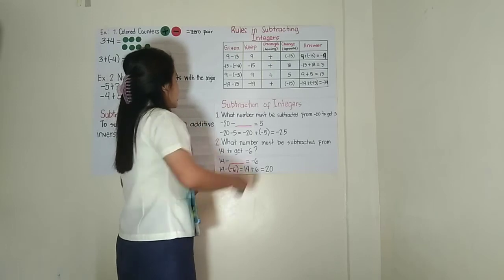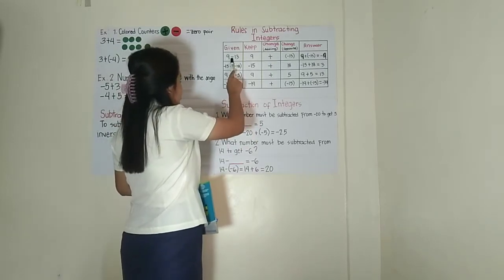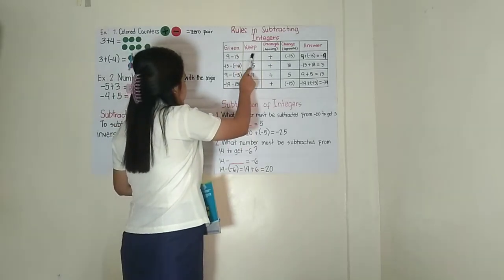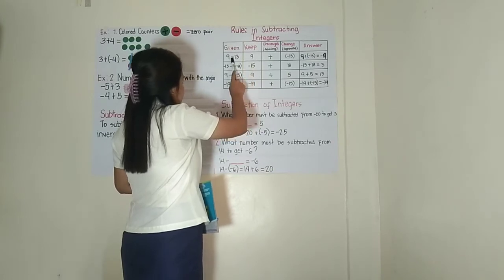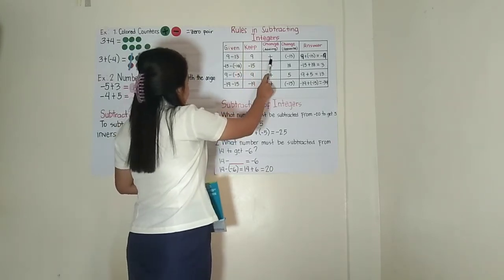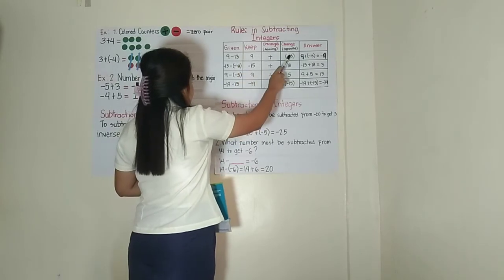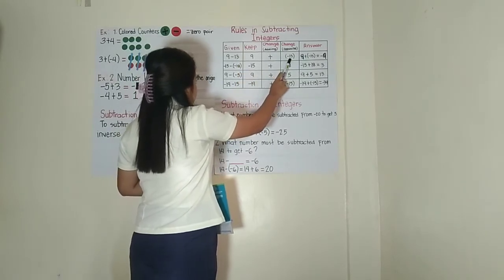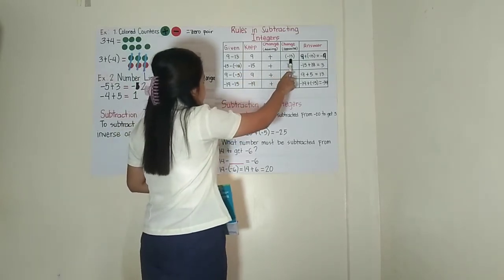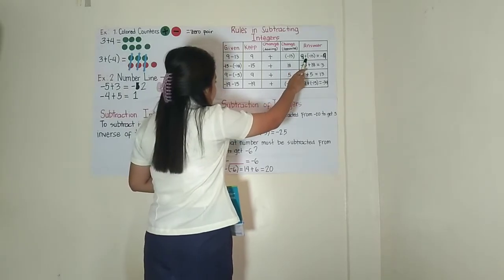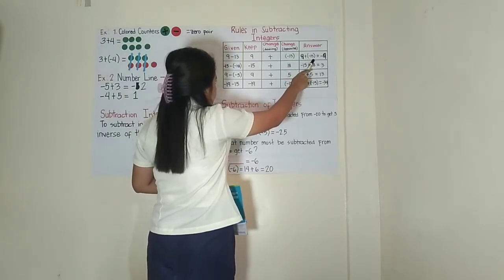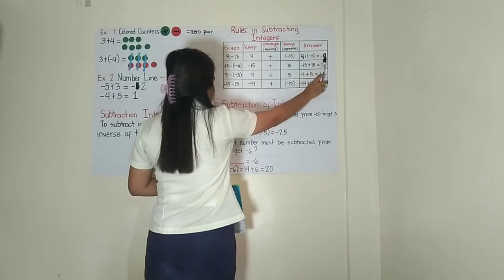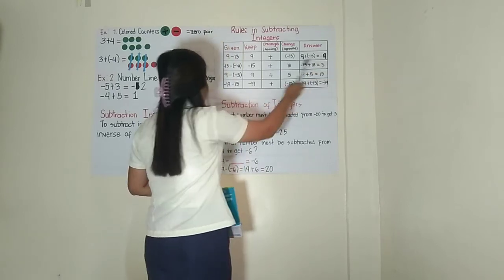First given is 9 minus 13. Keep the 9, minus, change into adding, 13, change into negative 13. So the answer is 9 plus the quantity of negative 13. So the answer is negative 4.